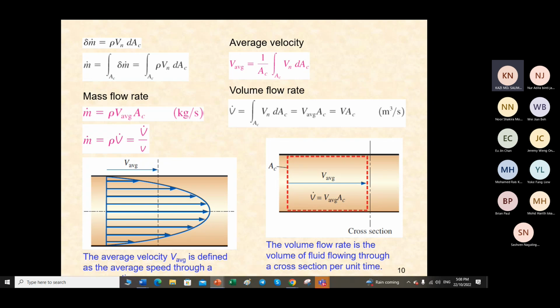Total mass flow is a differential mass, integrated on the surface, which is equal to rho into Vn into dA.